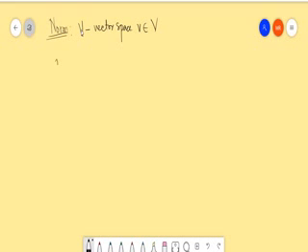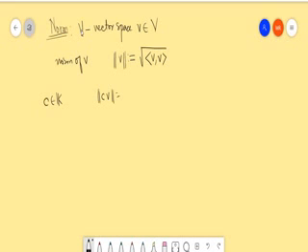Then the norm of V, denoted by this, is equal to the square root of the scalar product of V with itself. And if C is a scalar, then using simple properties, we can show that the norm of CV is equal to |C| times the norm of V.